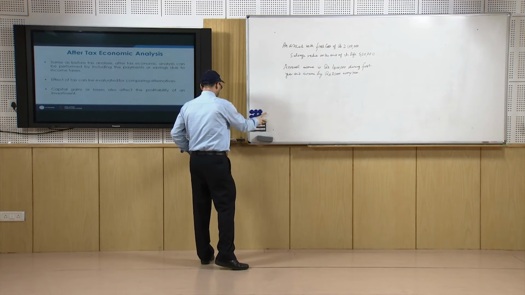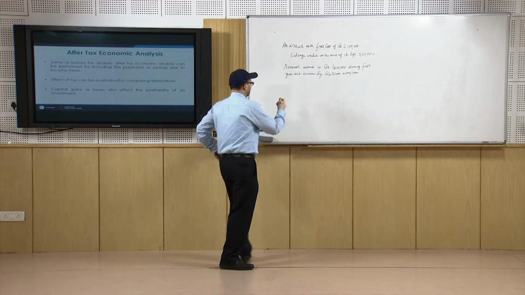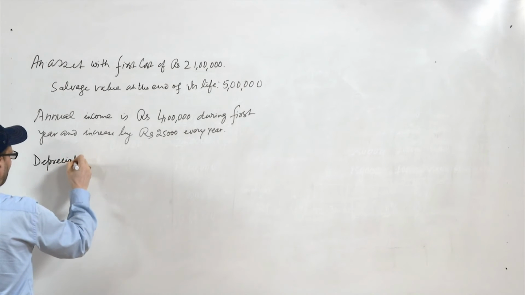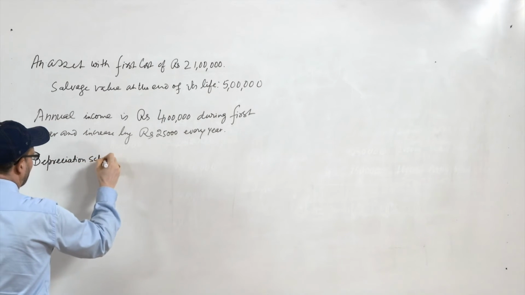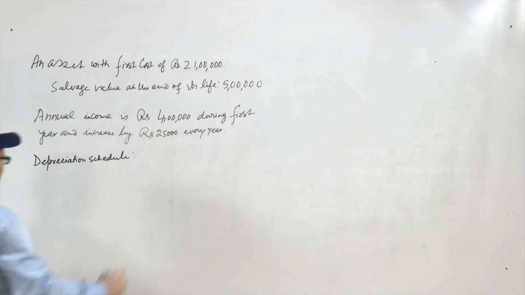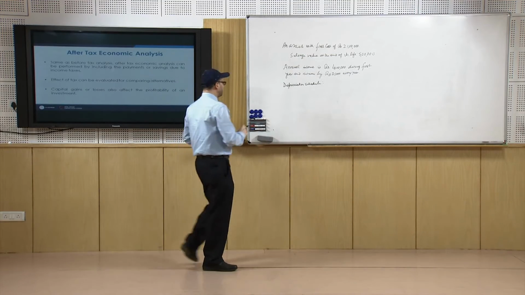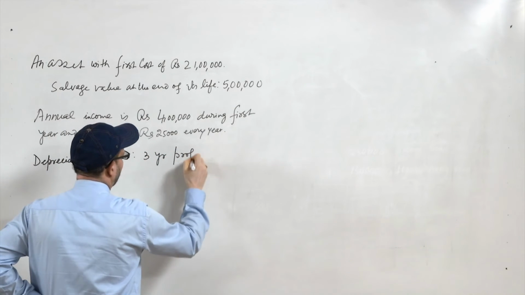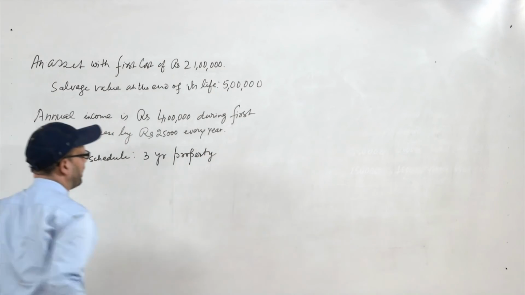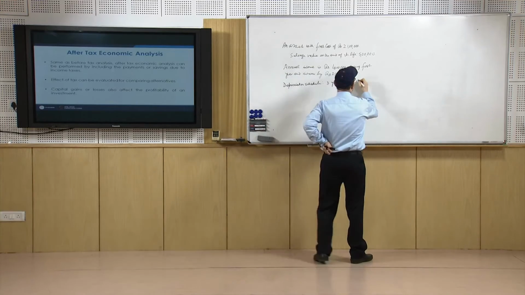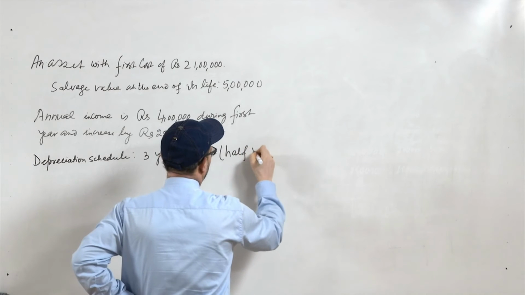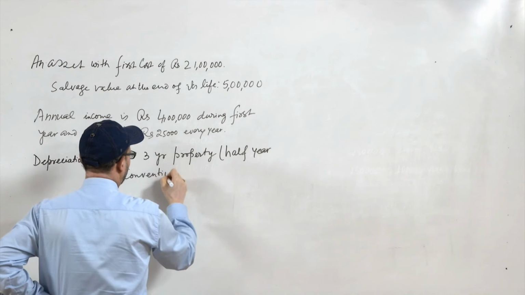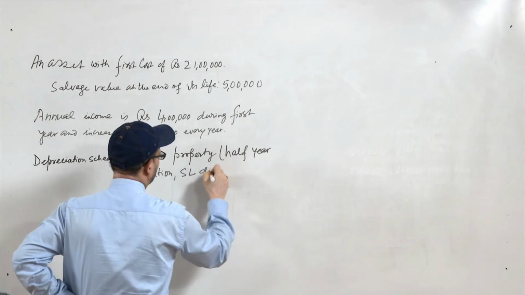Then you have the depreciation schedule. In that we take it as a 3-year property, with the half year convention, using the straight line depreciation method.